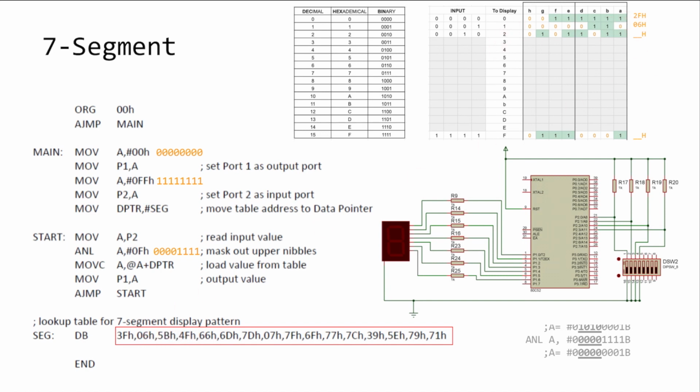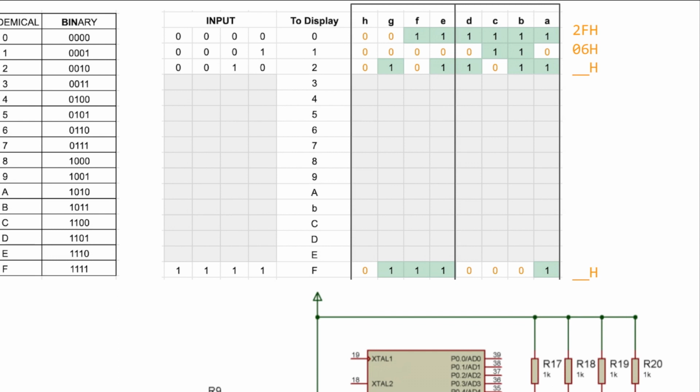So these are actually the hexadecimal values for the 7-segment display. So remember that to display 0, we would need to light up certain pins. Okay, so certain pins need to be 1 and certain pins need to be 0.